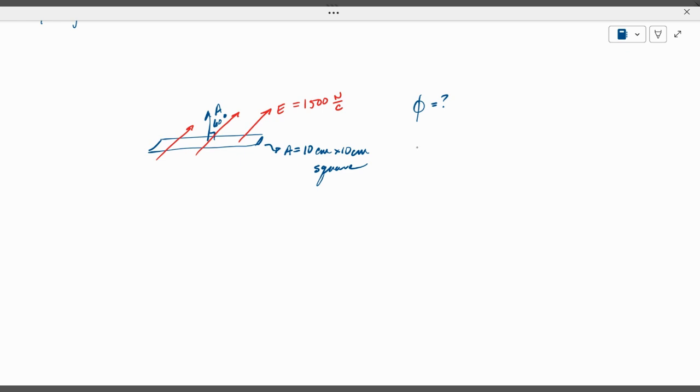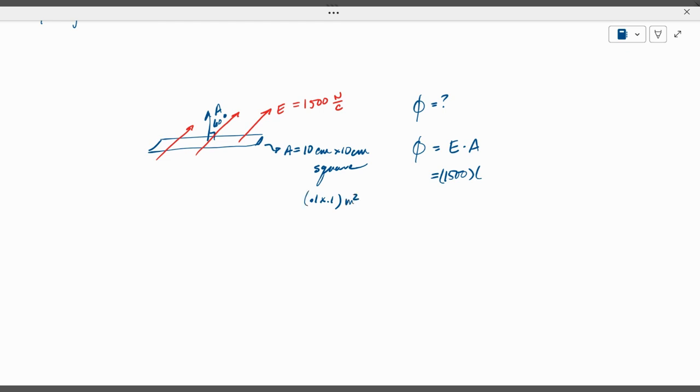So start with the equation for flux. Flux is E dot A. And this is pretty much straightforward plug and chug. So our E value is 1,500. Our area is the square, so that's 0.1 times 0.1, and then we'd have meters squared as units.